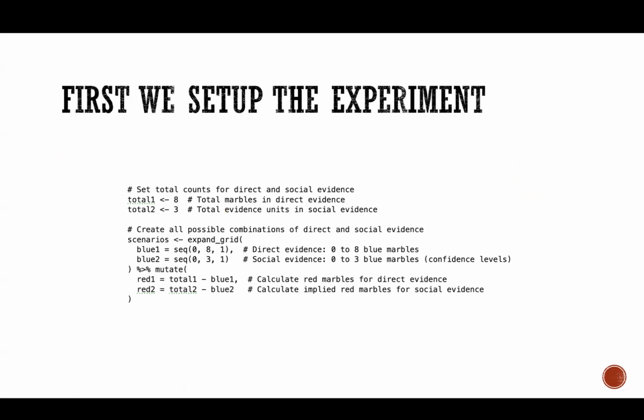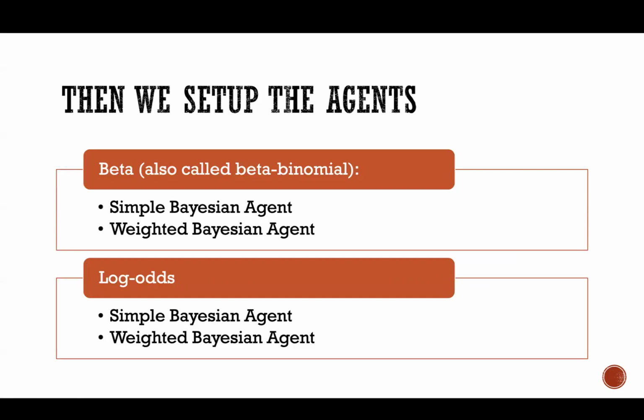Good. We set up the experiment. This is simply creating the full grid of all possible combinations. We've seen that last time. Then we set up the agents, and we have 4 agents. A beta, which we will develop into a beta binomial this time, has a simple Bayesian agent that takes the evidence at face value and a weighted Bayesian agent that can adjust the weight of the different sources.